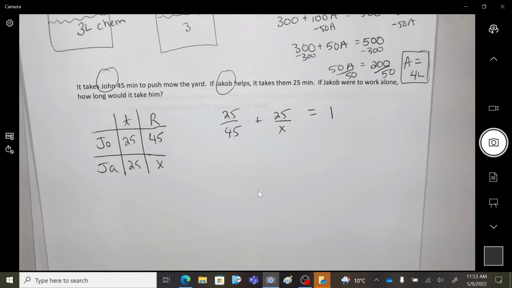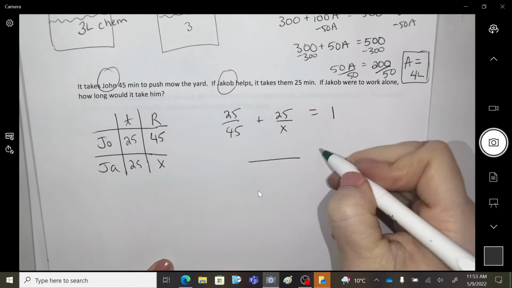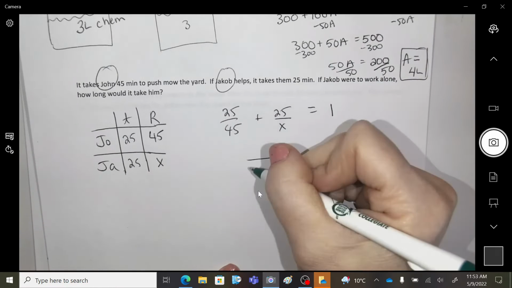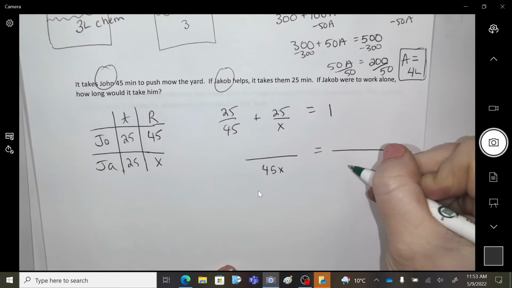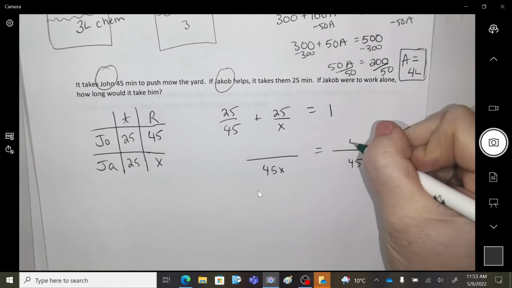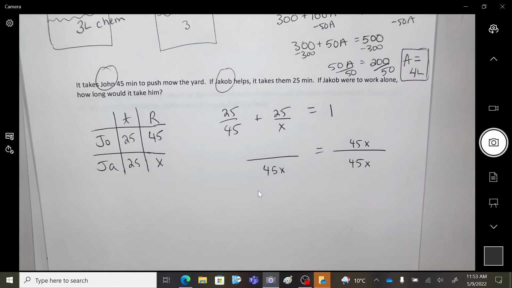Okay, cross multiplying is not going to work. So we're going to common denominator it. So I need a 45x. Okay, I'm just going to already do the right hand here because 45x over 45x.